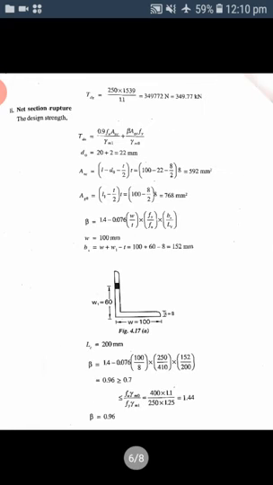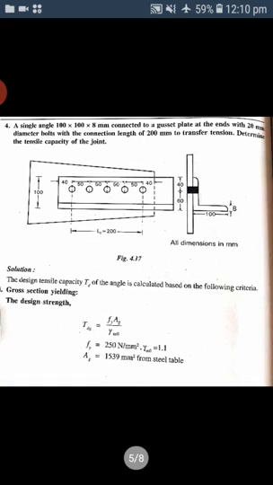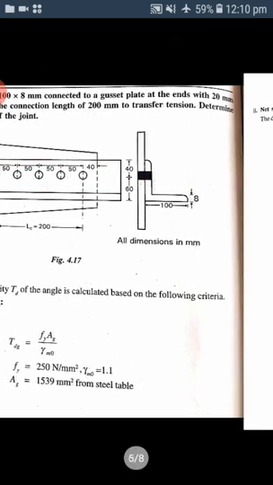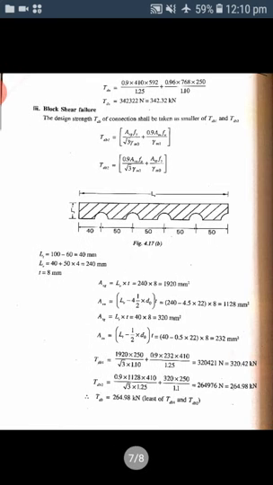In this case, this is the plate. When this plate is subjected to tensile force, this part of the plate may cut here. So by cutting through the bolts, it may come out, and that failure pattern is given here. So this is the failure pattern.